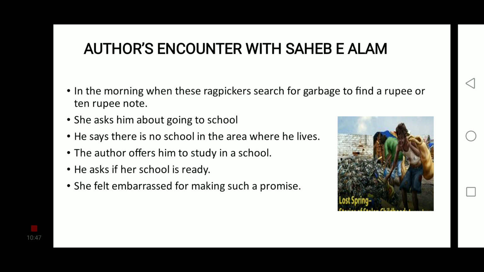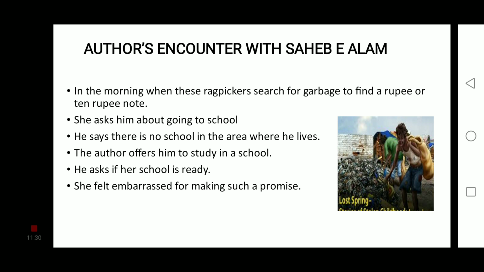The author asks Sahibe Alam about going to school. Is he willing to go to school? He says there is no school in the area where he lives. It shows that he had some desire of going to school, but he was upset because there was no school in his area. Now the author offers to have him study in a school, and he becomes very happy.